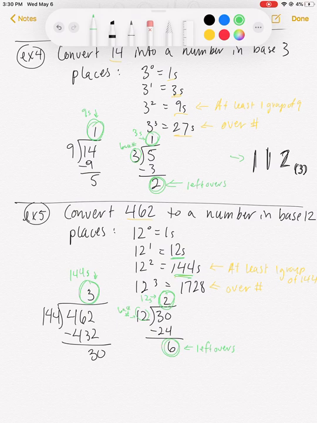And that means that we're done with our numbers. We got all the places. We got 3, 2, and 6, so our answer is going to be 326 base 12. All right, so that's our lesson for conversions.